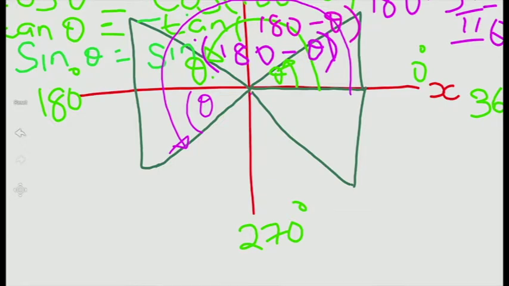How are we going to find this angle? When we have a triangle here, which is congruent to the triangle in the first quadrant, whose angle is theta, what is the angle here for the reflex angle from x all the way to the third quadrant?